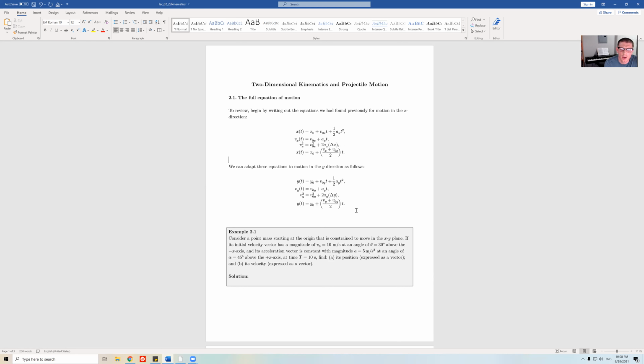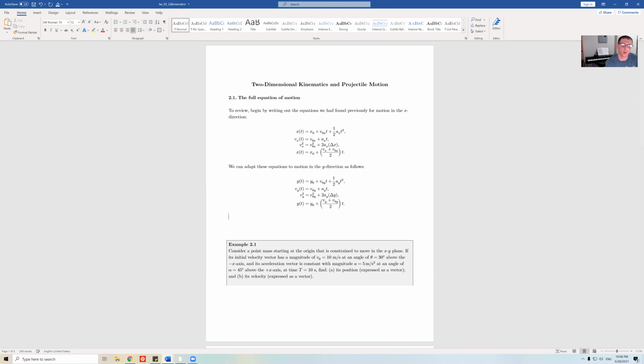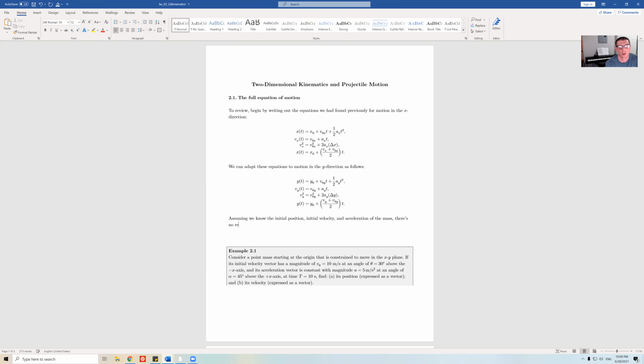So this kind of indicates, well, let me put it like this. Assuming we know the initial position, and by this I mean the initial position vector, the initial velocity vector, and the acceleration vector of the mass we're thinking about as moving in the XY plane, there's no reason we can't write something like this.